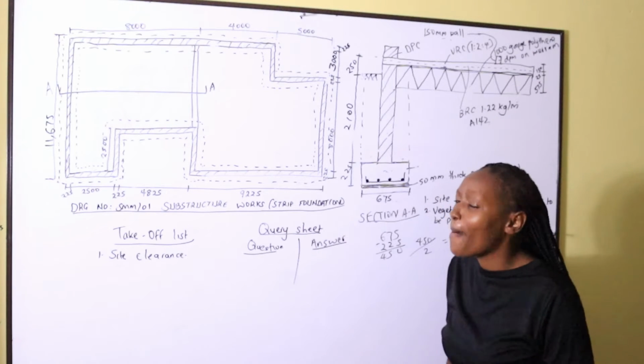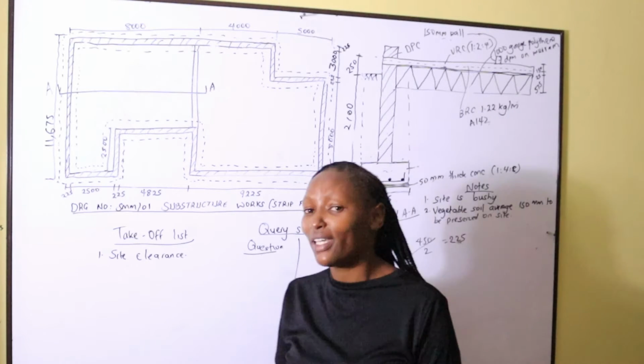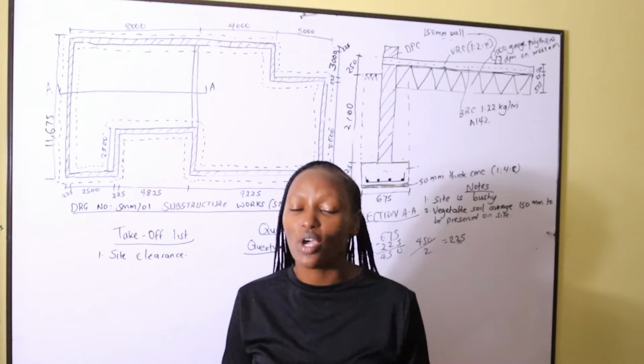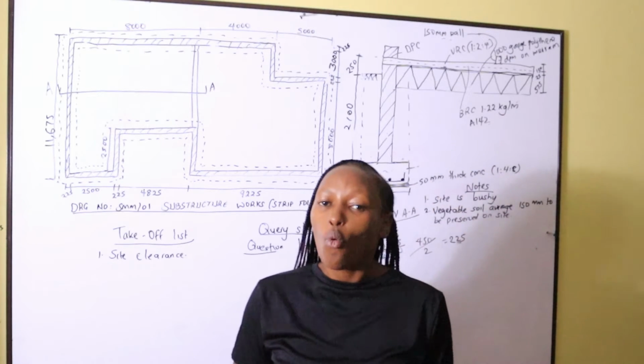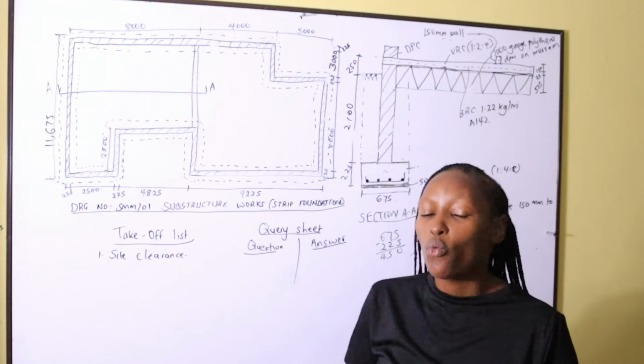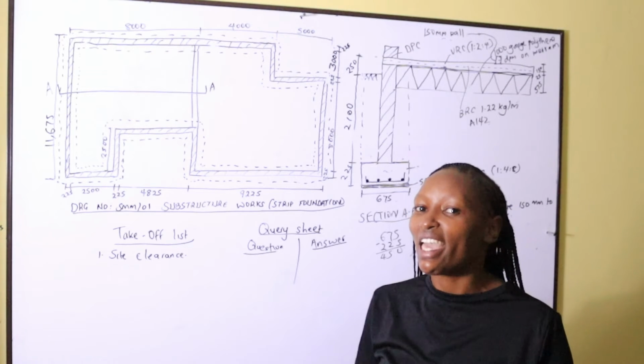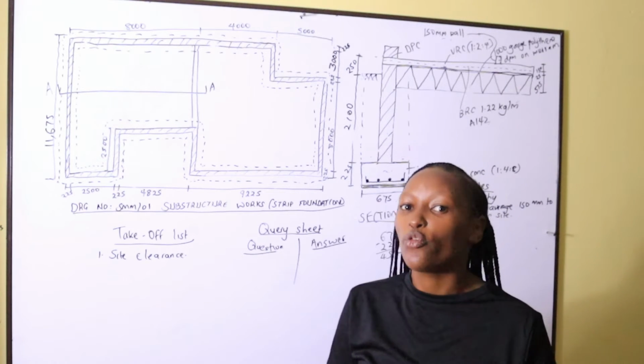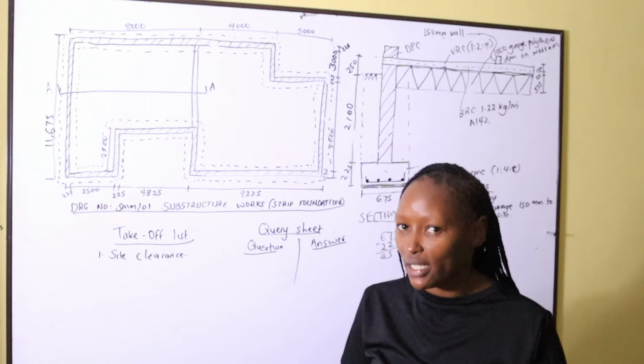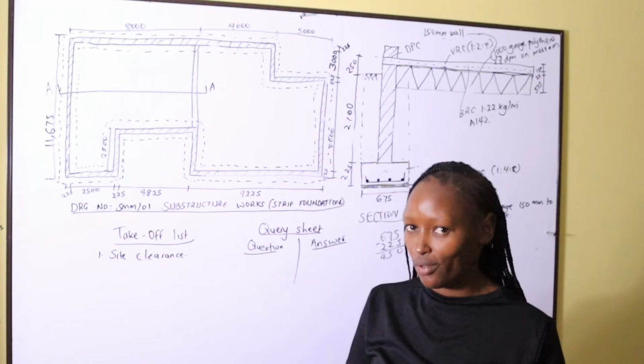So when we are measuring site clearance, get this very clearly. This one you have to take it to the bank. When we are measuring site clearance, we usually measure the area of the external walls of the trench. Okay?